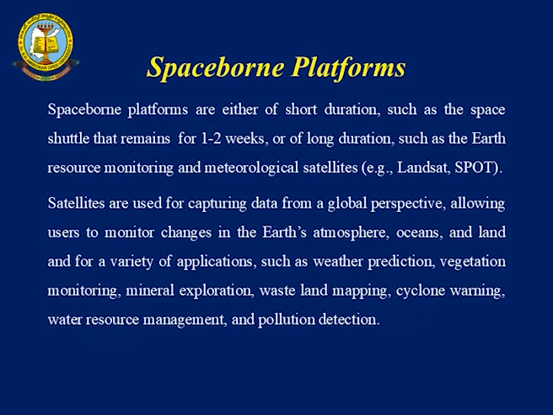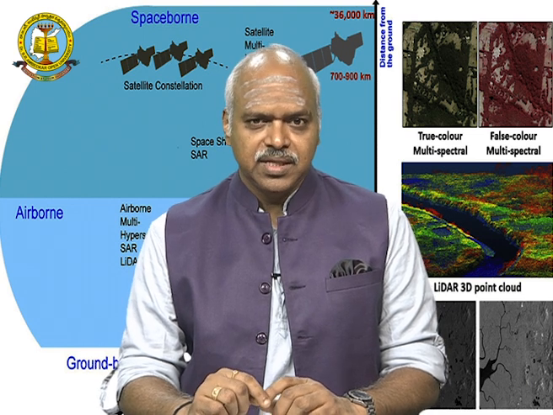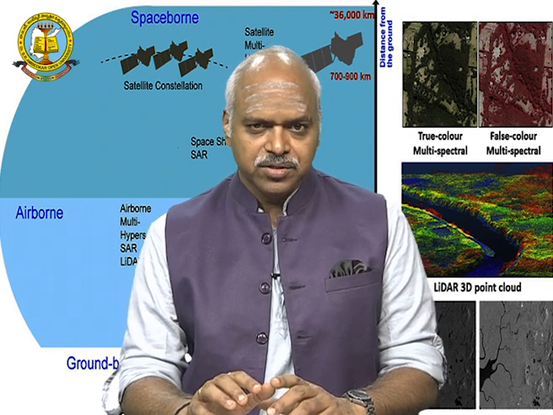Spaceborne platforms can remain for a short duration in space, like a space shuttle, which stays for maybe 1 or 2 weeks, or they can be satellites which stay for a longer duration. Most of the satellites we see in space are for the longer duration.